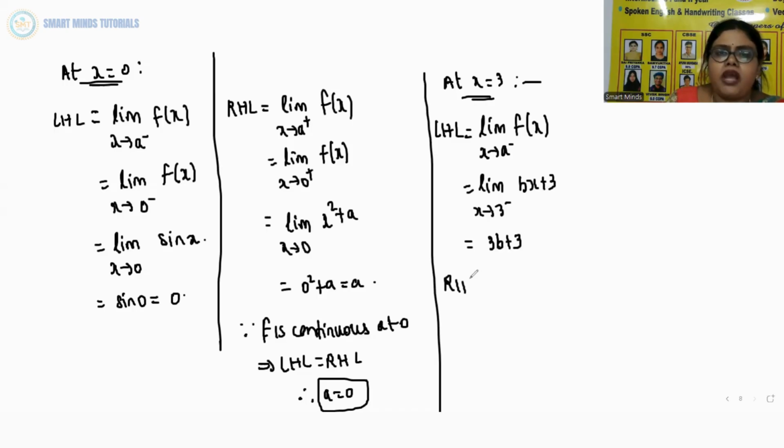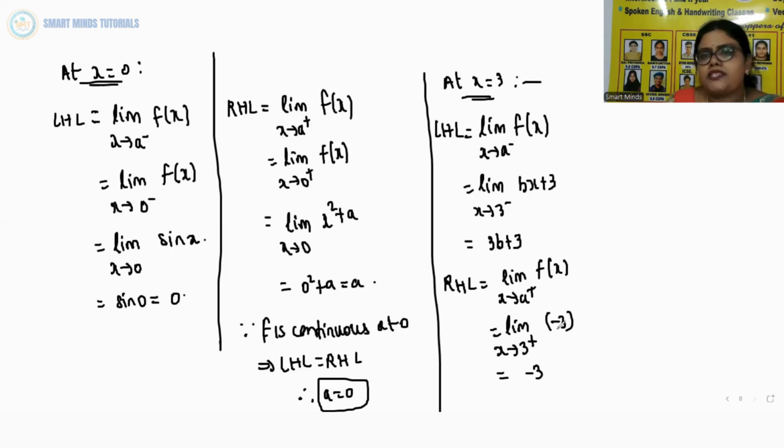Now the same way RHL is right hand limit, x tends to a plus f of x. So that is limit x tends to 3 plus, when is x greater than 3, the value is minus 3. So directly I can write minus 3 because there is no x term here to substitute 3.